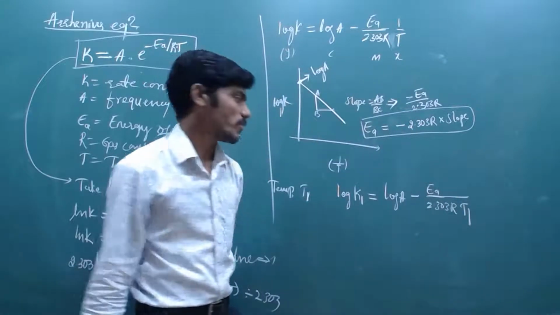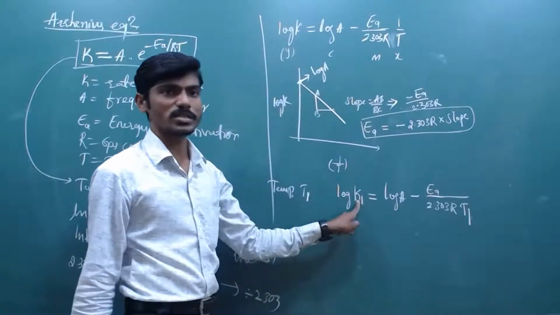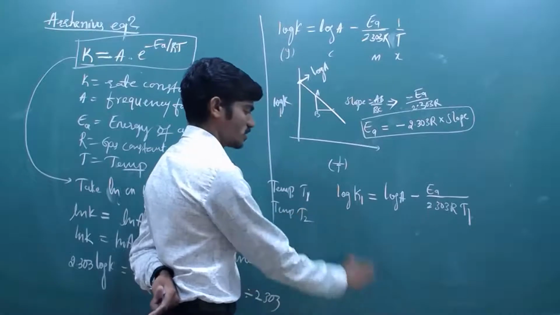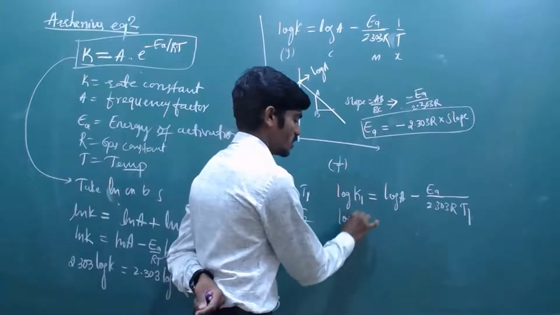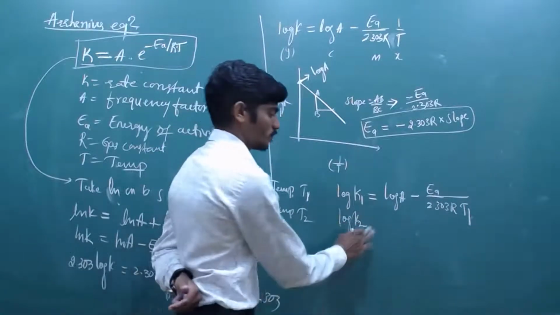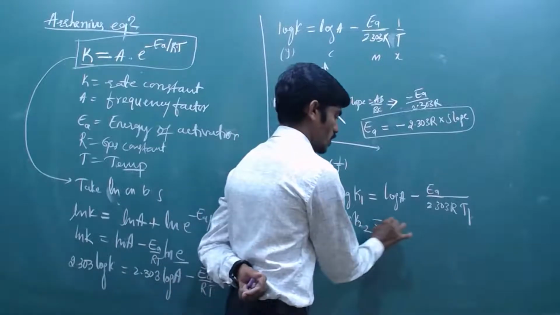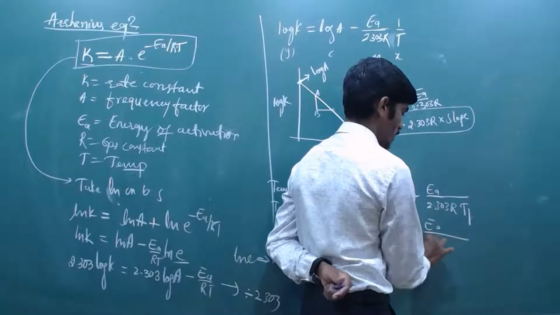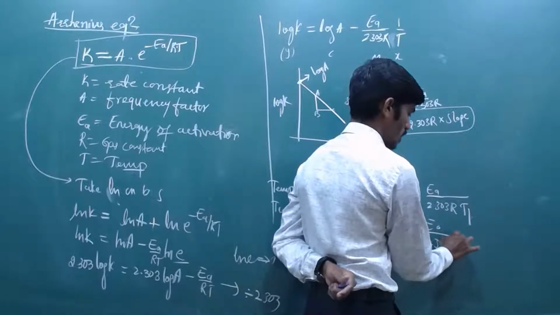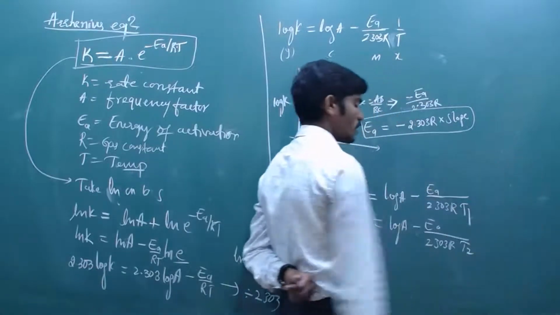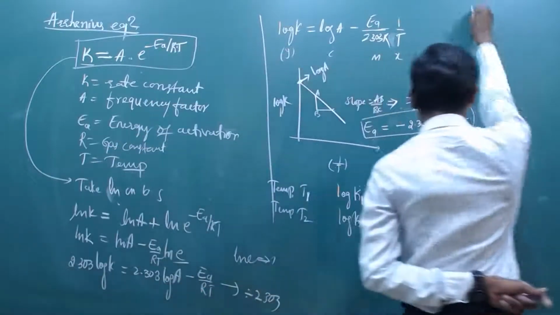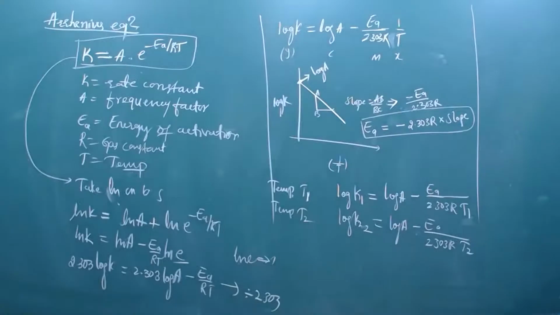At temperature T2, when temperature is increased, the rate constant is K2: log K2 is equal to log A minus EA divided by 2.303 R T2.